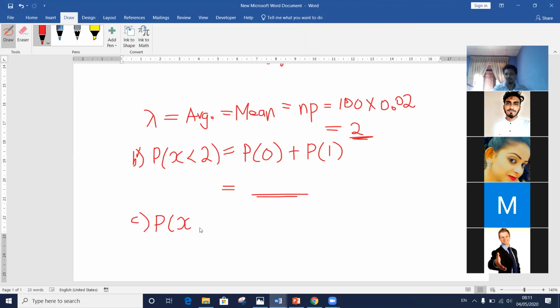At least 2 defective items කිව්වොත් what are the possible outcomes? අඩුම තරමේ item දෙකක් වත් defective item වෙන්න පුළුවන් සම්භාවිතාවය කිව්වොත් the possible outcomes are 2, 3, 4, 5, 6, 7, 8 ඔය වගේ කීයට යනකන්ද? Up to 100.